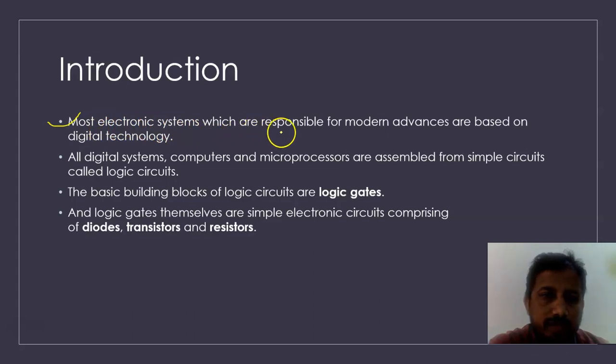Most electronic systems responsible for modern advances are based on digital technology. Whatever technology we are going ahead with is purely based on electronic systems, and these electronic systems are used in circuits. All digital systems, computers and microprocessors are assembled from simple circuits called logic circuits.